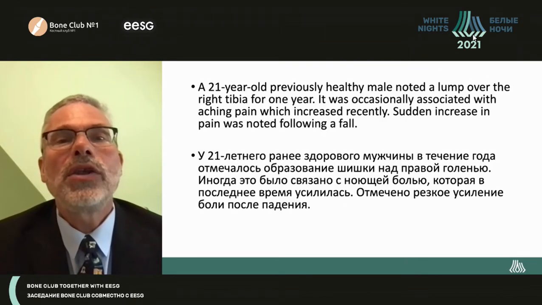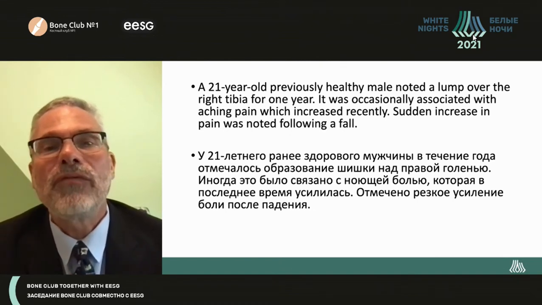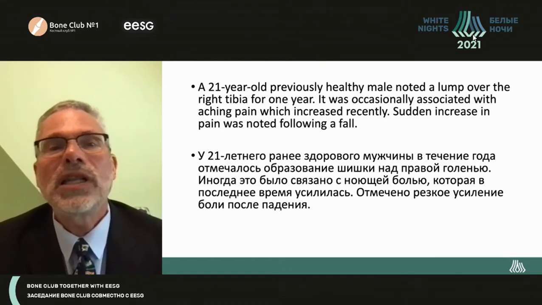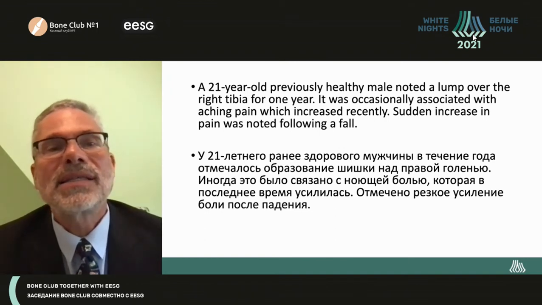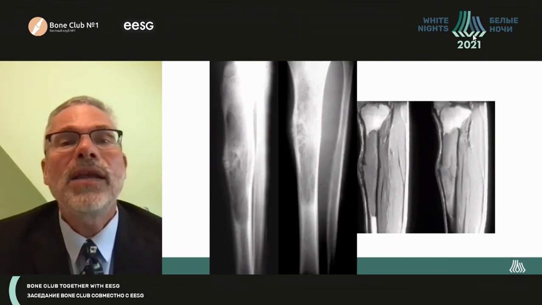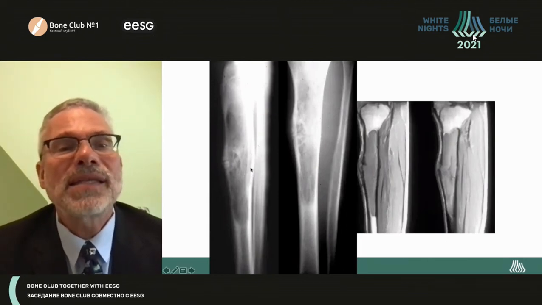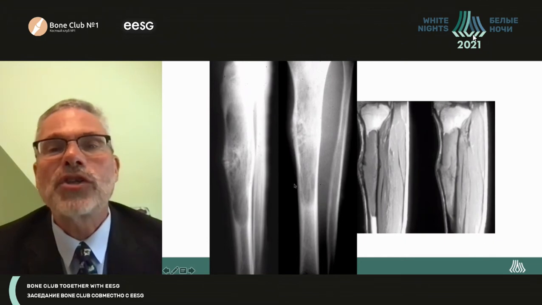This is a 21-year-old previously healthy male who noted a lump over the right tibia for 1 year. It was occasionally associated with aching pain, which increased recently. Sudden increase in pain was noted following a fall. And here we see there's an expansile lesion that is centric within the tibia with deformity of the cortex, likely fracture.